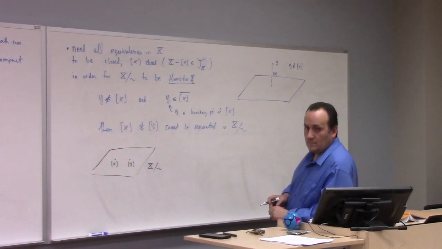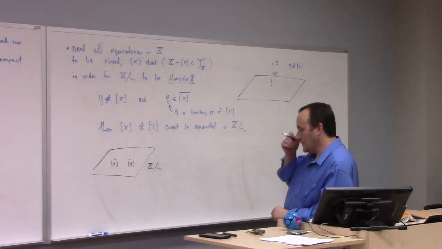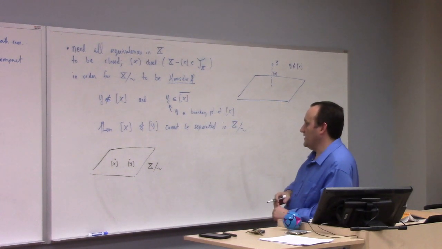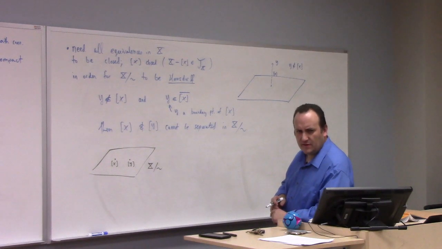So all of the points in X mapping to that equivalence class would just be all of the elements of the equivalence class. So you're saying use that the inverse image of closed is closed under a continuous map?